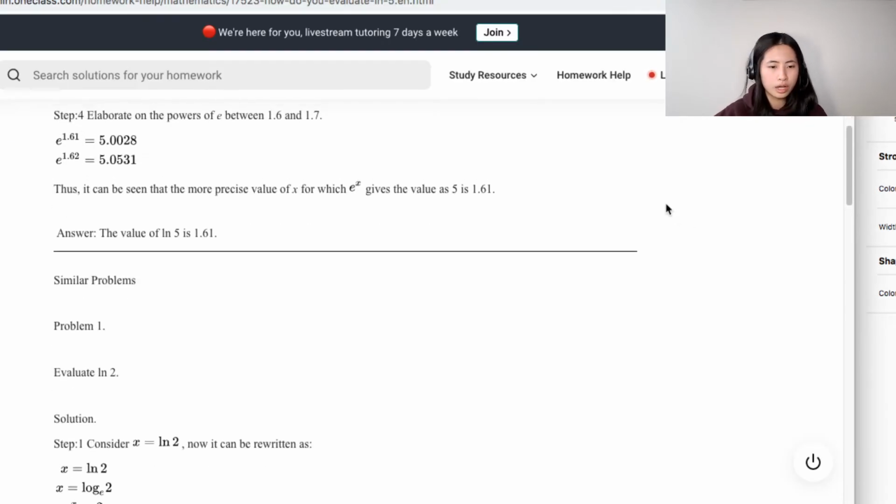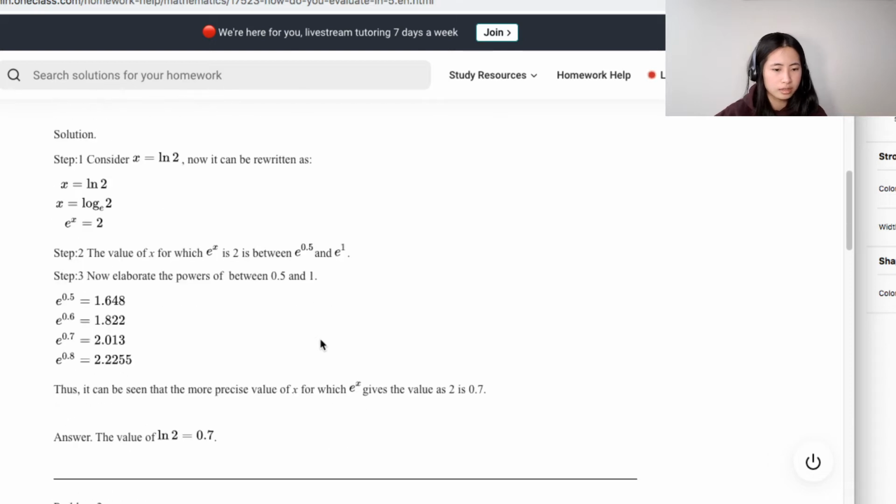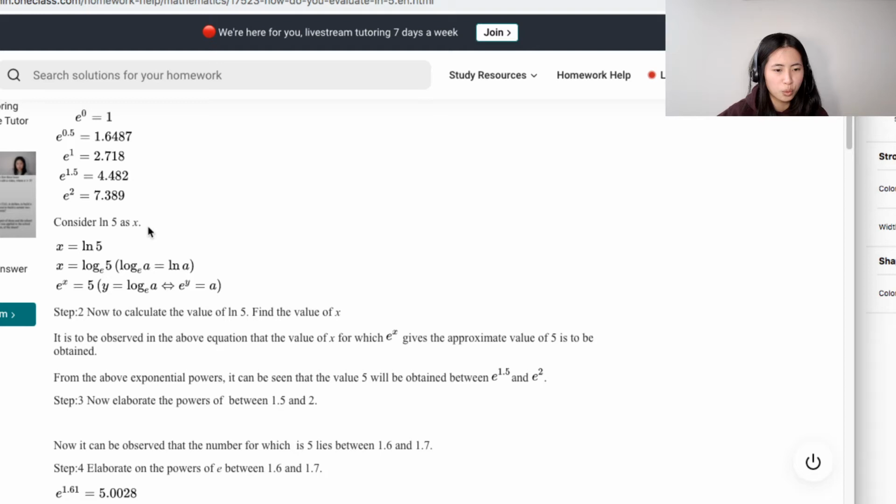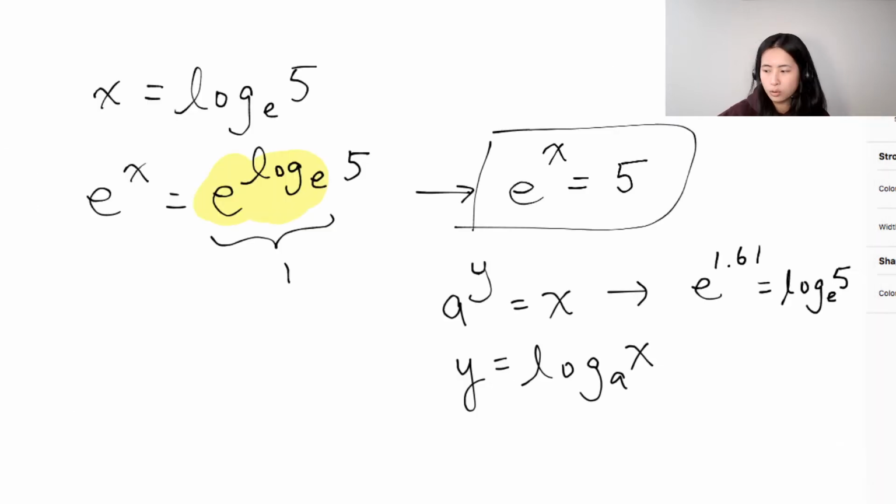Okay, so yeah, this is right. I don't think anything has to be said except for showing this step. So maybe that's called showing an extra step for considering ln 5 as x, that part. Okay, so let's write a comment.